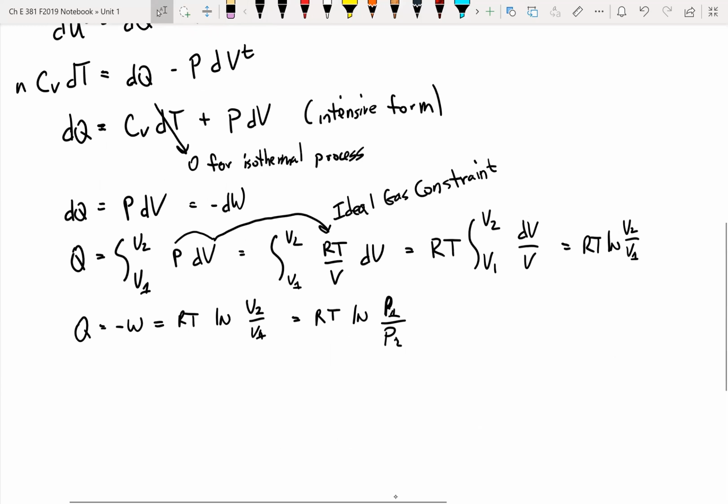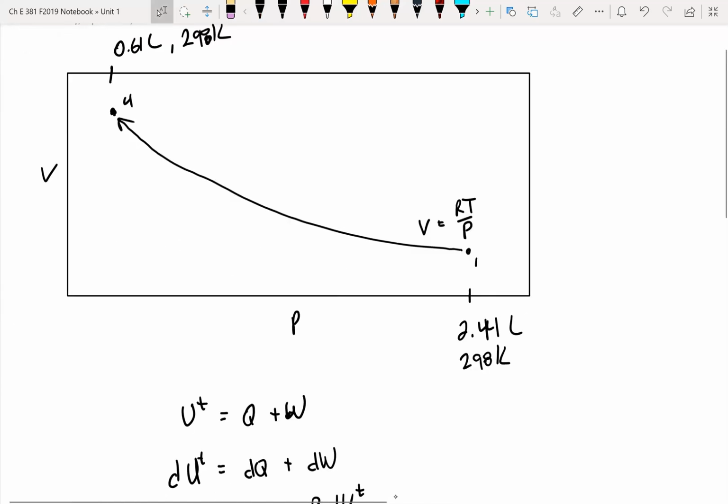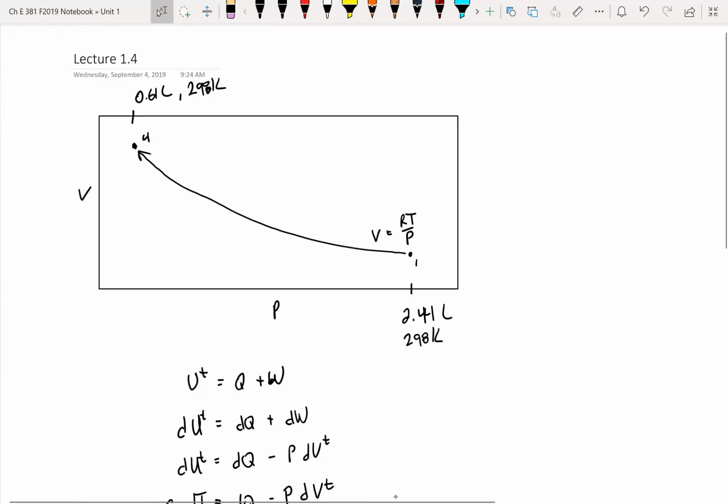Yes? And the integrals, are those U's or V's? Those are V's. Okay, so if I wanted to calculate Q and W for this isothermal process, then it's pretty straightforward now, especially if I'm assuming that I have an ideal gas.